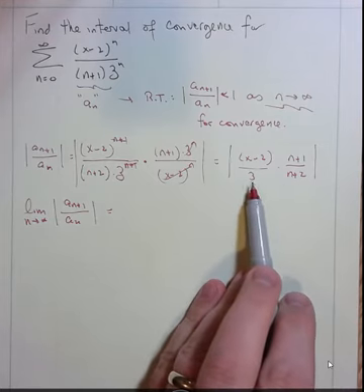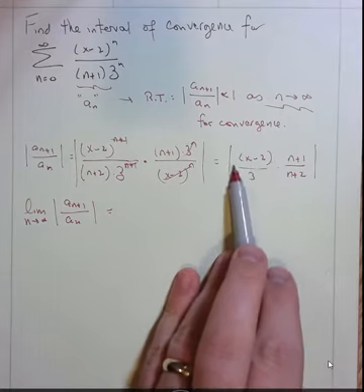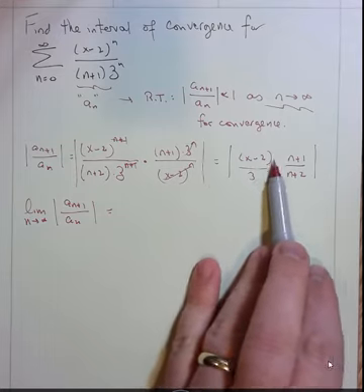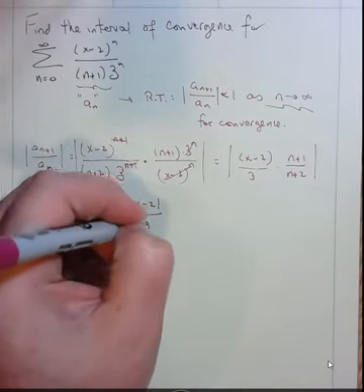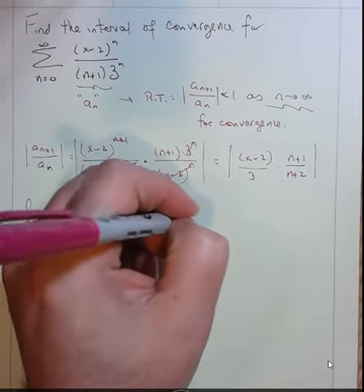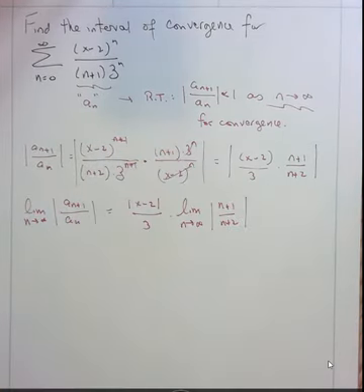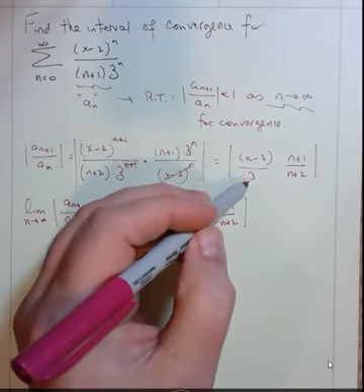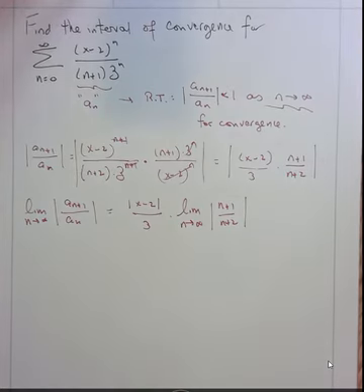Okay, now I'm not going to write that down verbatim because the first thing I'm going to do is recognize that this front matter here has nothing to do with n, and so it can be factored out of that limit, like so. So I could have written the limit of this whole thing, but then the first step after that is to factor out all the stuff that doesn't have to do with n. So I've just gone ahead and done that. And remember, there are absolute values, and so they have to tag along when you're doing things like factoring.